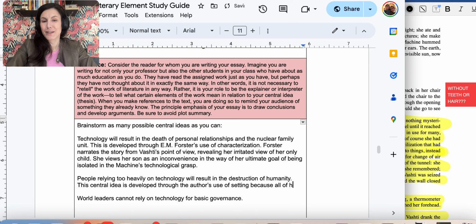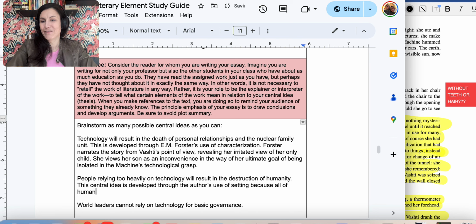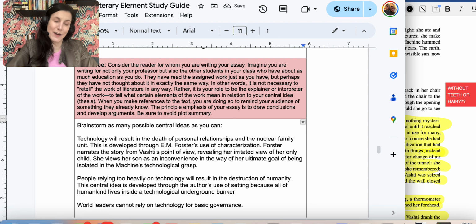all of humankind lives inside a technological underground bunker of sorts. And I didn't say the machine yet. I will explain that. And that's what you would explain in the body of your essay, how the setting, everyone's living inside of this and no one knows how to fix it.